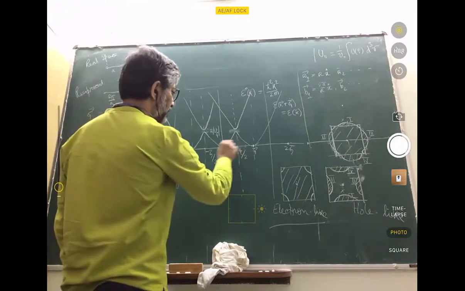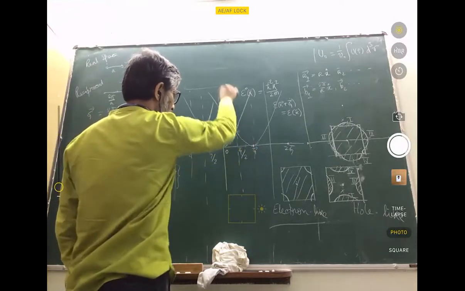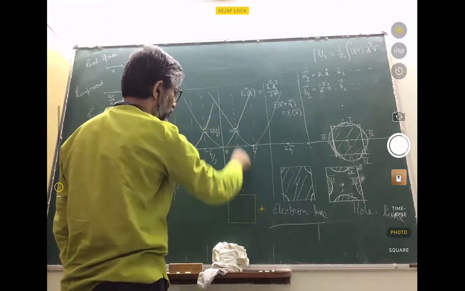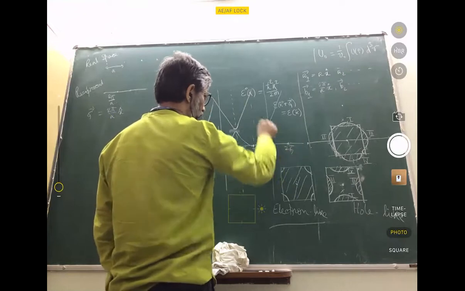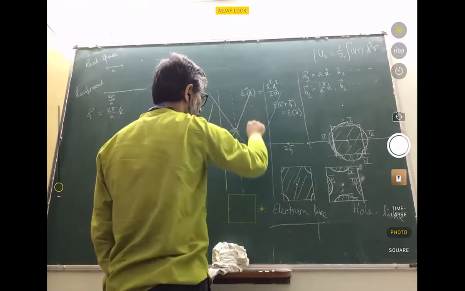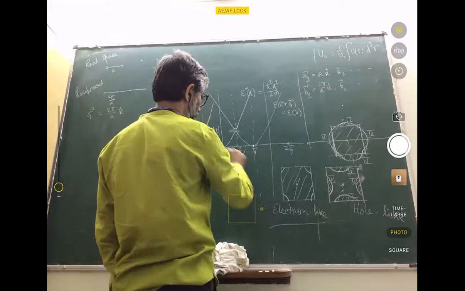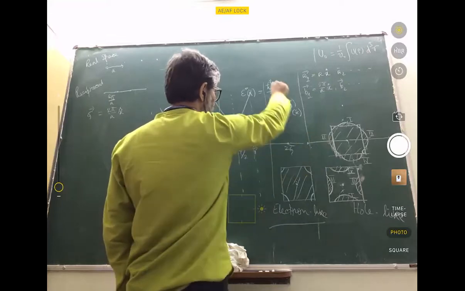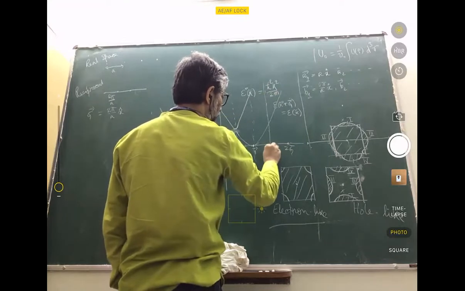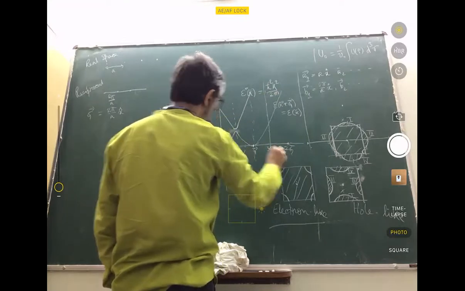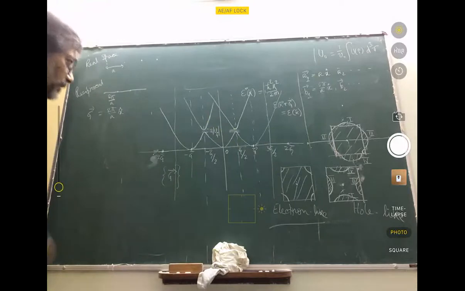I have a vector from here to here, G, so this line at G by 2 is a Bragg plane. I have a vector of length 2G here, so half of that, at G, is a Bragg plane. I similarly have a vector till 3G, so this at 3G by 2 is a Bragg plane, and so on similarly in the other direction.